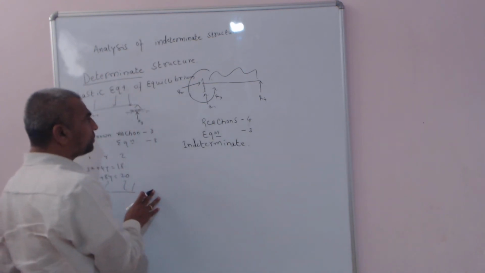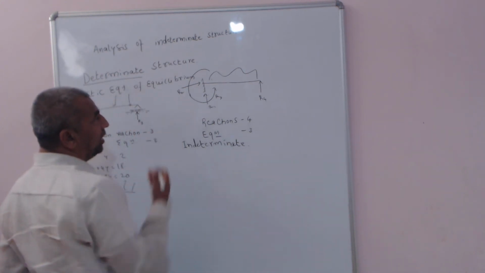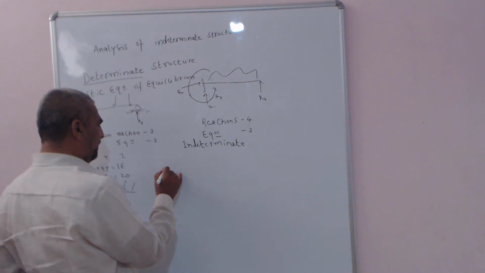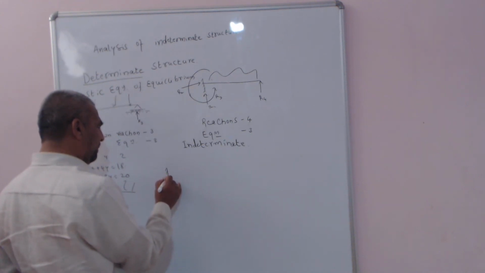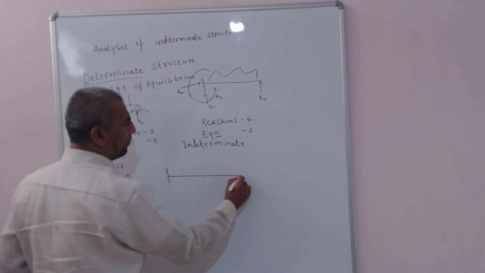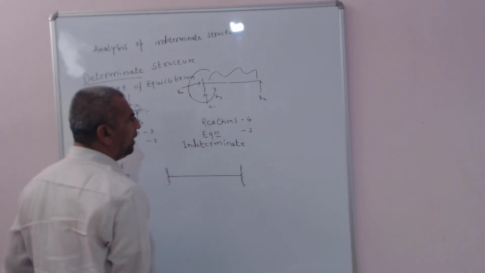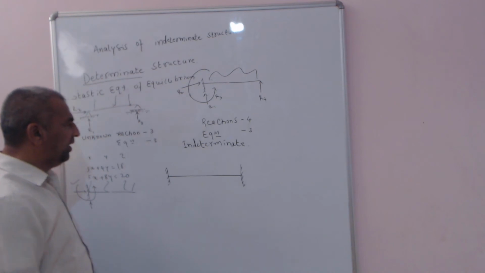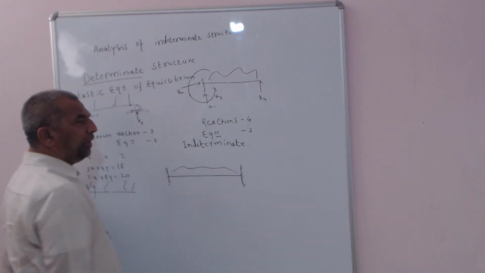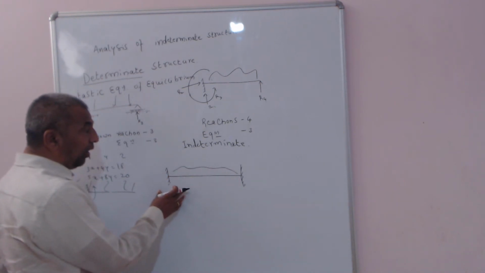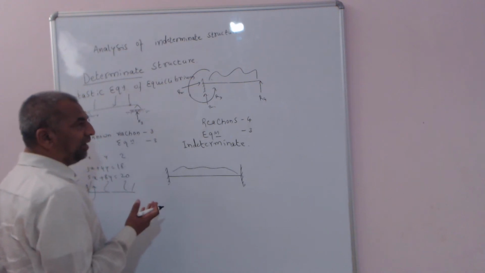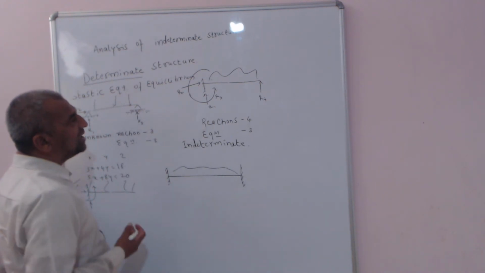Now go for one more type of structure, which is subjected to loading. Can you tell me how many constraints are there? How many unknown reactions are here?